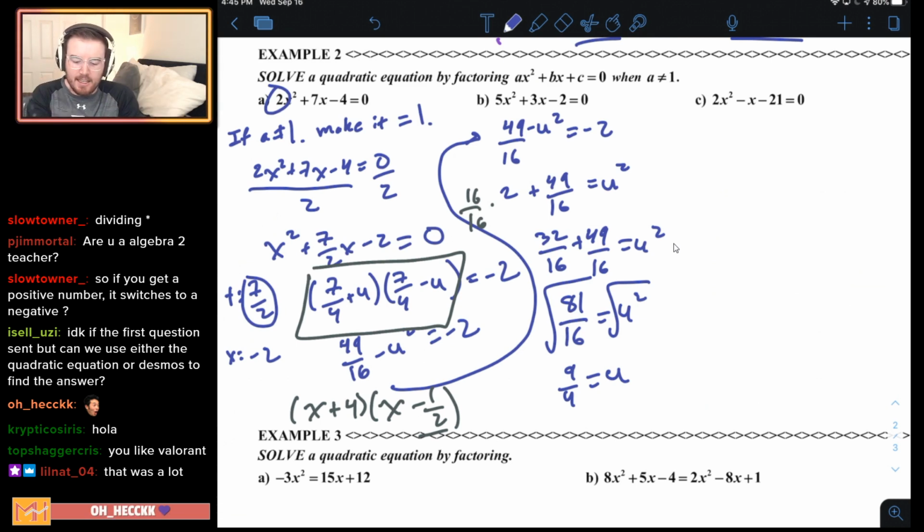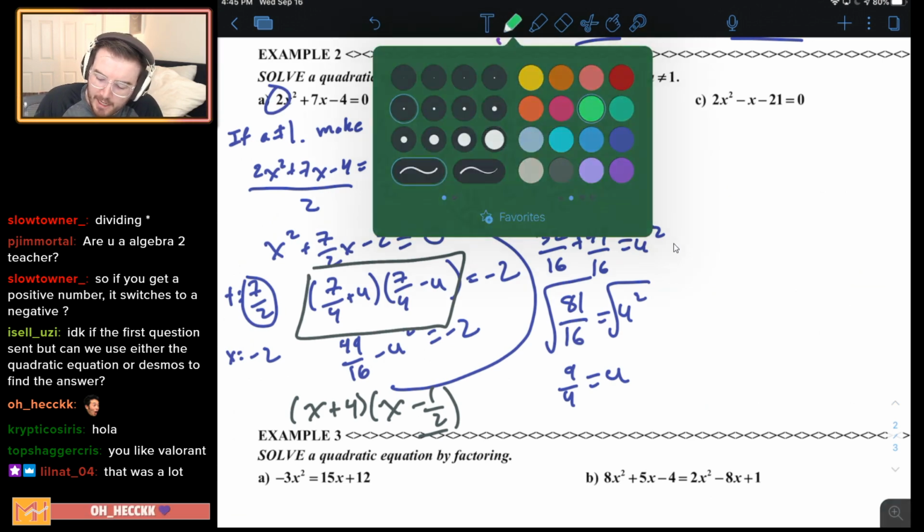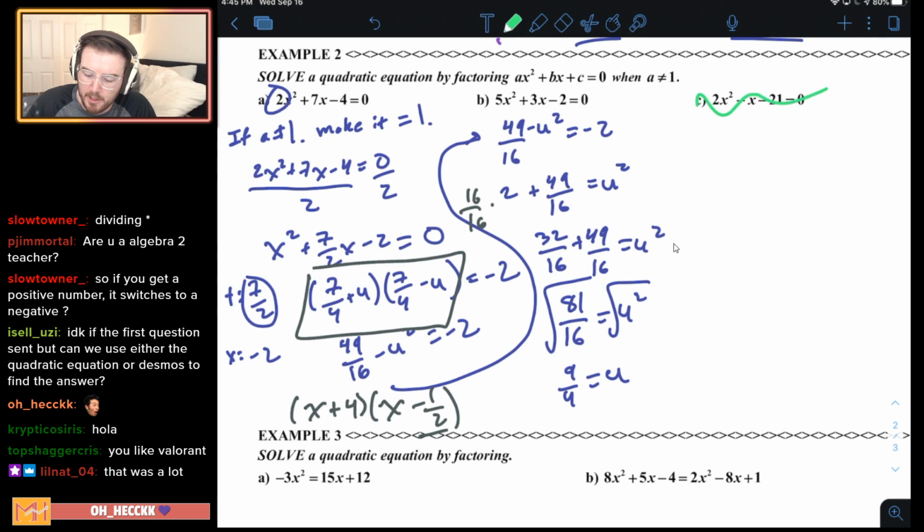But the thing is, when I look at the problem 2x squared plus 7x minus 4 equals 0, because of this 2 here, I can't just factor it into x times something, right?